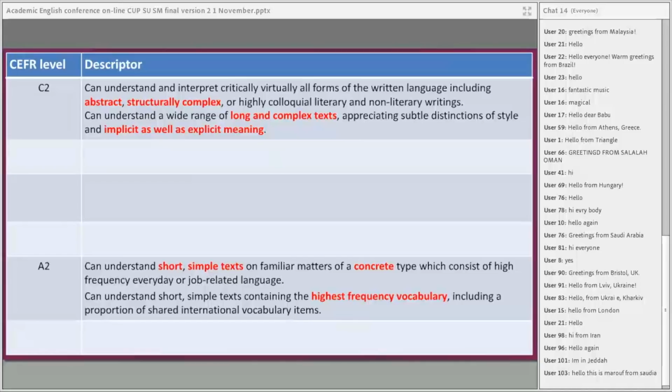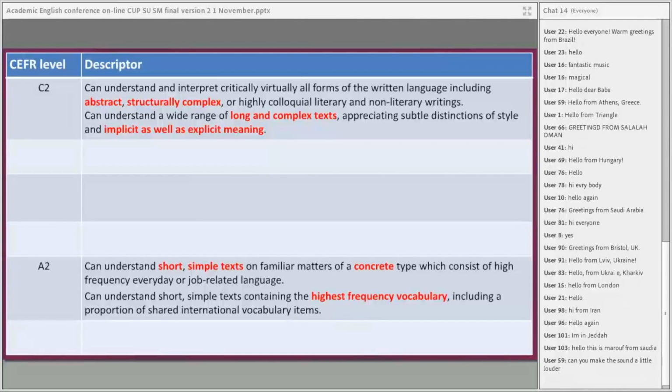If we look at the screen, you can see the descriptors for A2, which is a basic level, and C2, proficiency level, for overall reading comprehension. And you can see in bold there in red the key distinctions between the types of text that learners can handle at both these levels in terms of text length, complexity, and their nature, whether they are abstract or concrete. And all of these three dimensions are known to increase the cognitive load when learners are processing a text.